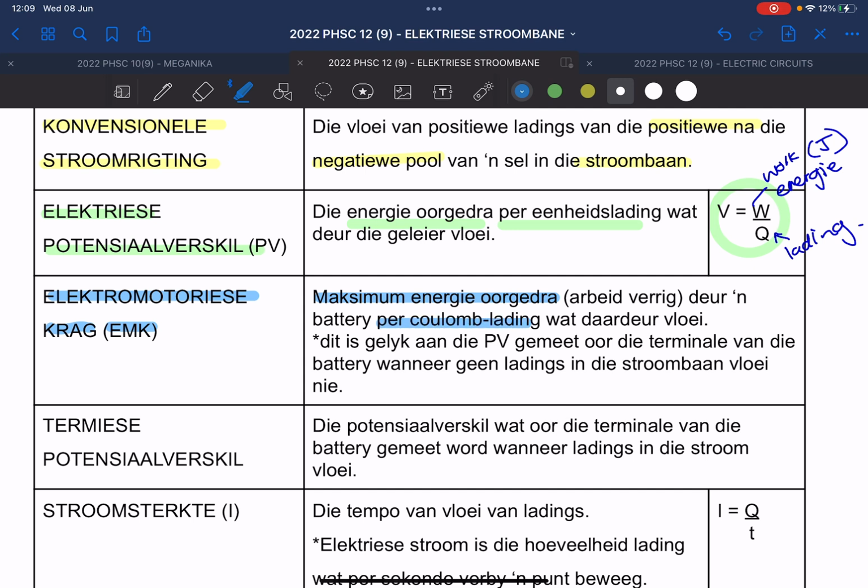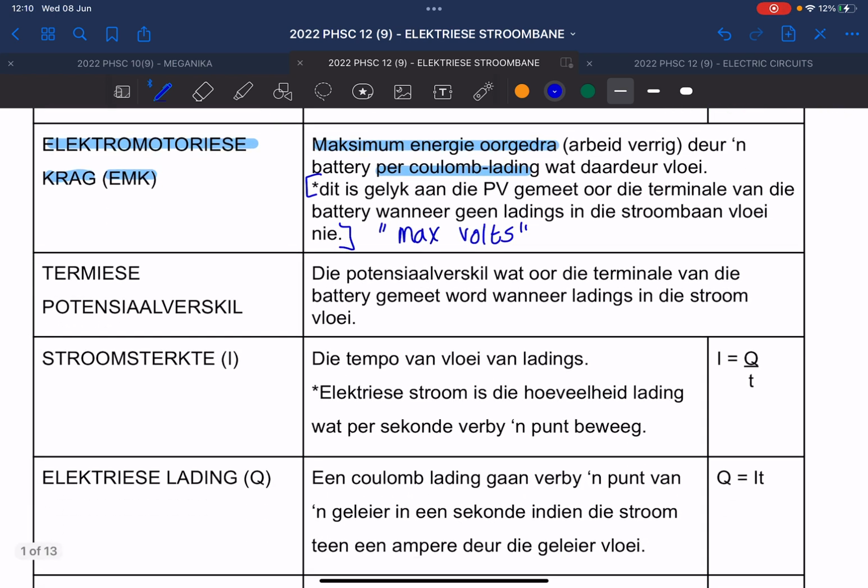Okay, so in your kop, in your head, what is the EMF? It is the volts over the battery, the terminals of the battery, if no charges pass through it, or in your head, it is the maximum volts. Okay, nou, ek weet nie of jy kan onthou my toebroodjies, my sandwiches, and the little men walking through the circuit.